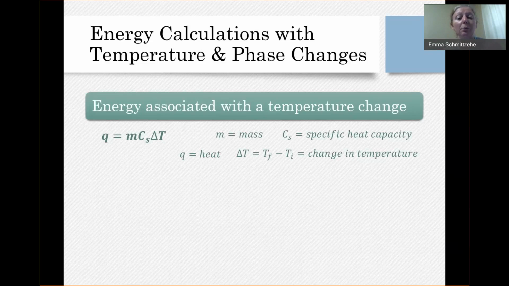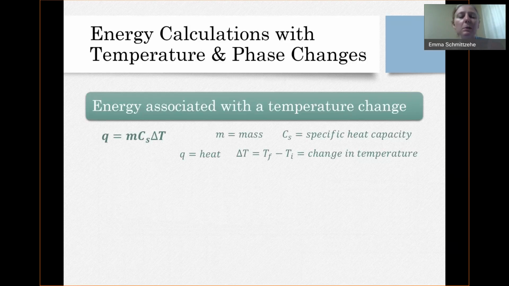And so that's T_f minus T_i. That part, you can plug in degrees C or in Kelvin, and the change in temperature will come out the same. Whereas the mass, you need to match its unit with the heat capacity's units, which usually are on a per gram basis. So you usually plug in your mass in grams.